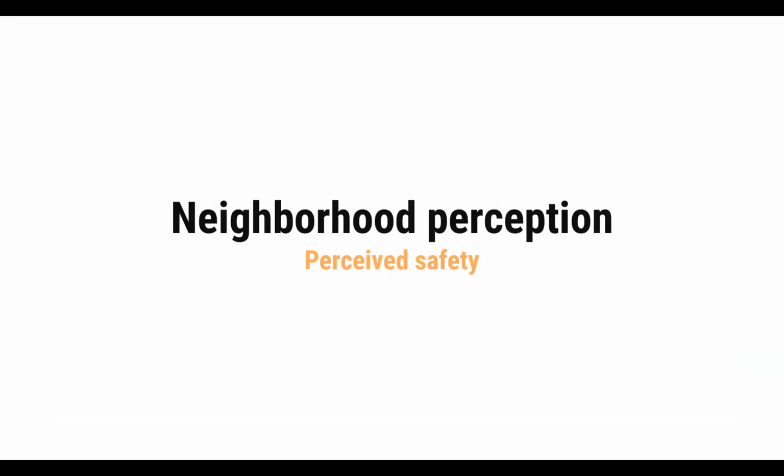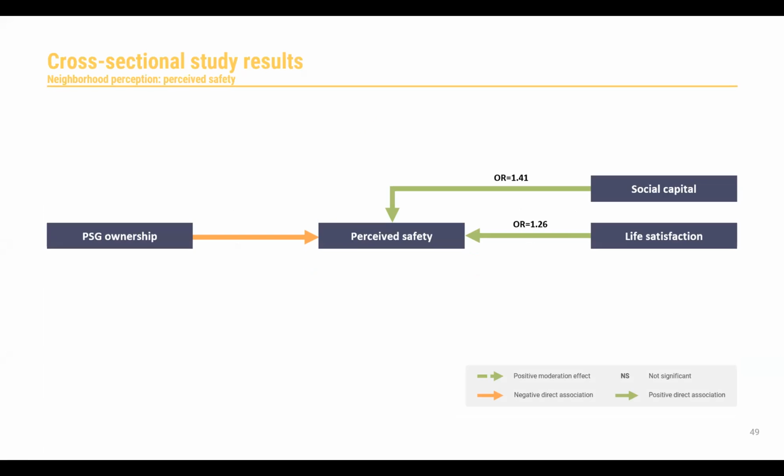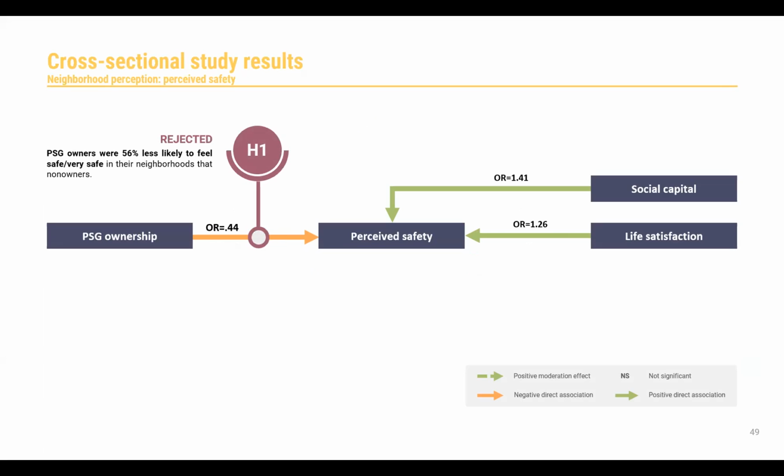So now with the perceived safety. For perceived safety, the first analysis showed that, curiously, PhD's owners were 56% less likely to feel safe in their neighborhoods than non-owners.